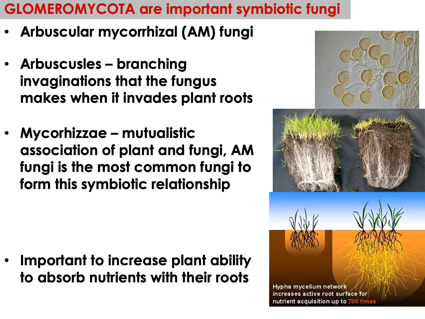Arbuscules are branching invaginations that the fungus makes when it invades the plant's root. Mycorrhiza are a mutualistic association of plant and fungi, and AM fungi are the most common fungi to form this symbiotic relationship.